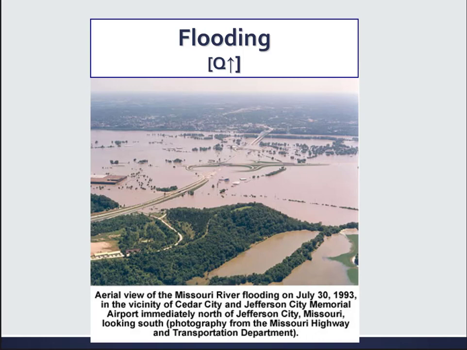So let's talk about a flood recurrence interval. If you live in a 5-year floodplain, you're saying that it's most likely that you're going to get a lot of flooding every 5 years or so. If you live in a 100-year floodplain, you're less likely to get a flood because it's going to be a less frequent type of event.